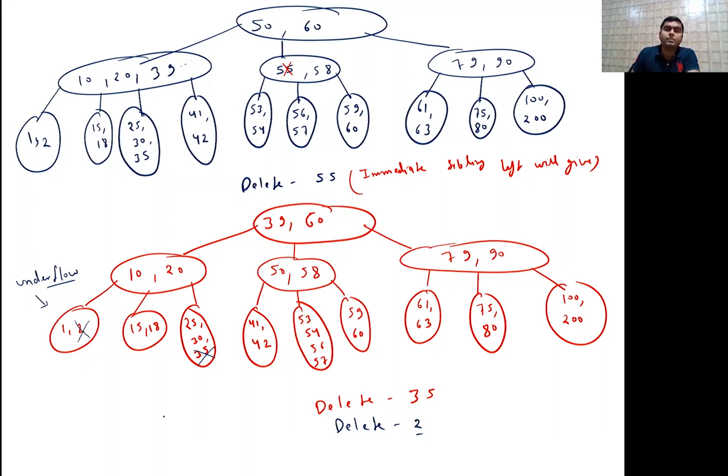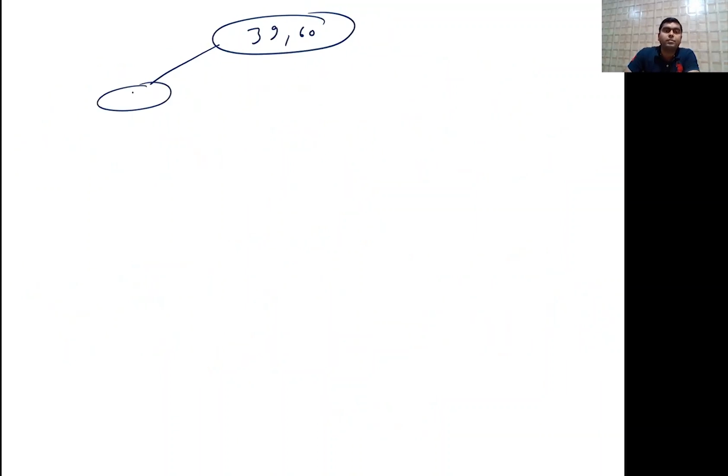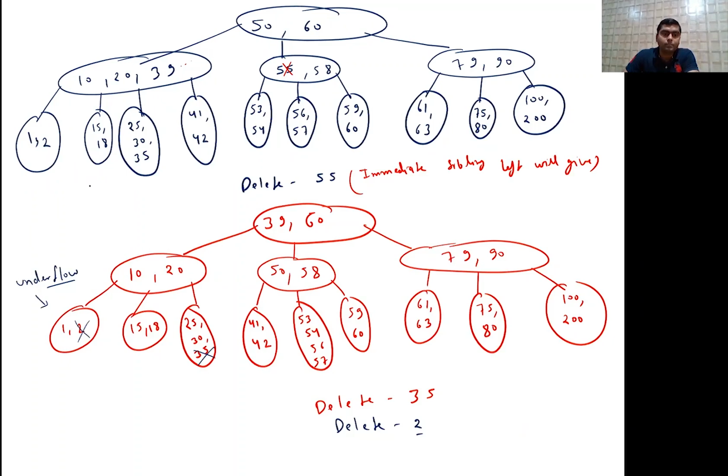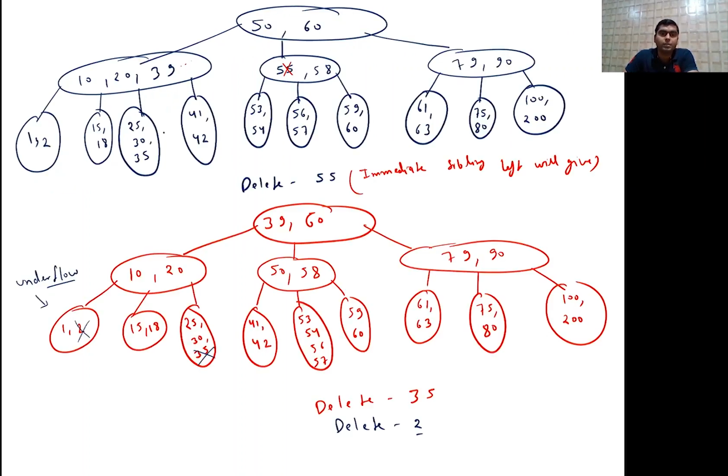In that case let me draw a fresh diagram. So 39 and 60. Now observe very carefully, one interesting thing will be there. So it is 20, and left side is 1, 10, 15 and 18, and right of 20 is 25 and 30. 35 has gone.